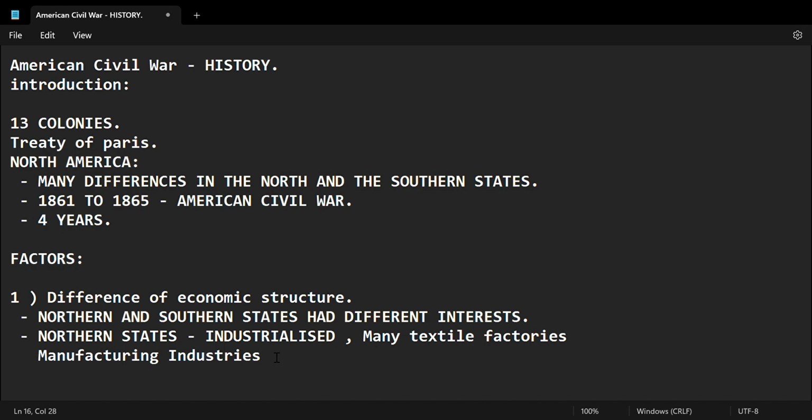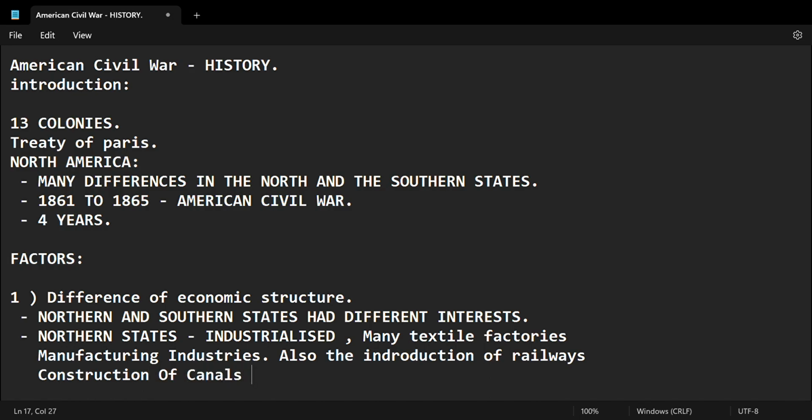Along with industrialization, there was also the introduction of railways and the construction of canals in the northern states.